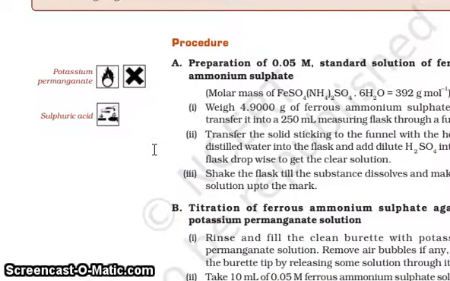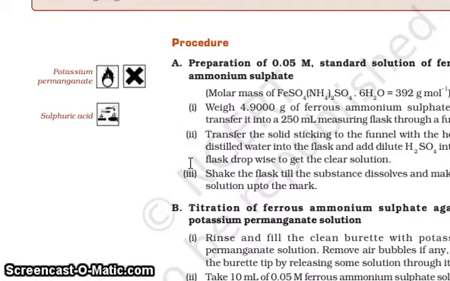So what is the procedure? Preparation of 0.05 M standard solution of ferrous ammonium sulfate. The molar mass of ferrous ammonium sulfate is 392 gram per mole. Weigh 4.9000 gram of ferrous ammonium sulfate and transfer it into a 250 ml measuring flask through the funnel.